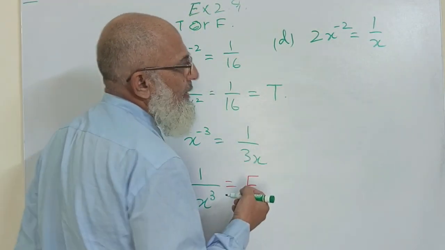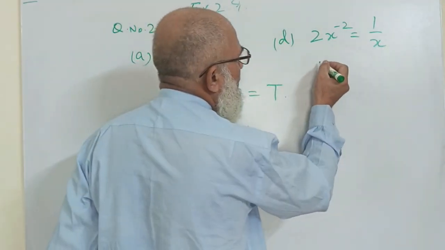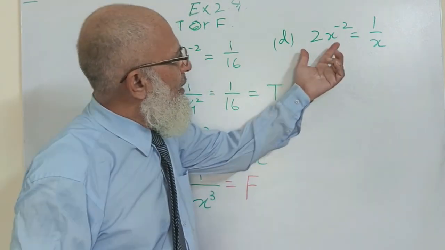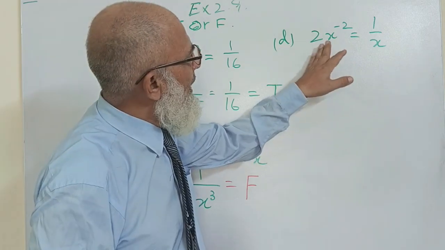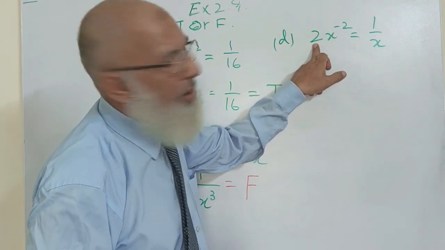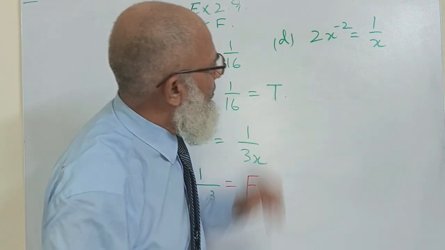So it again does not seem to be okay to me, but let me solve it. Now you see that this term has two components. One is the coefficient and the other is the variable.